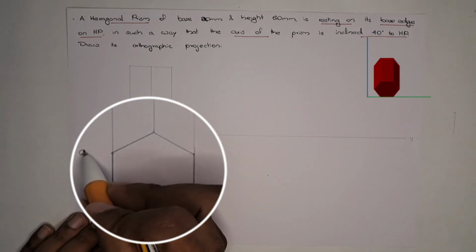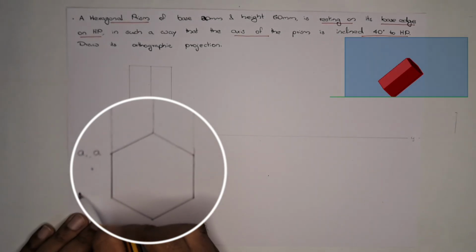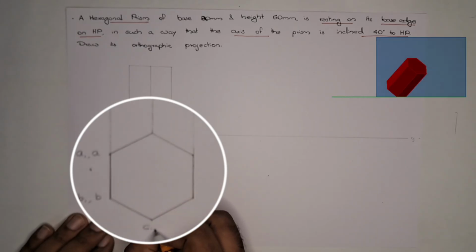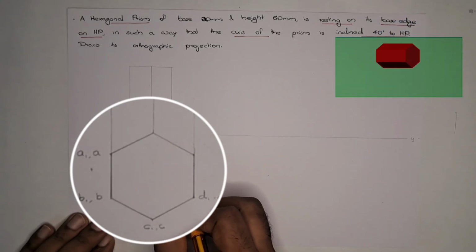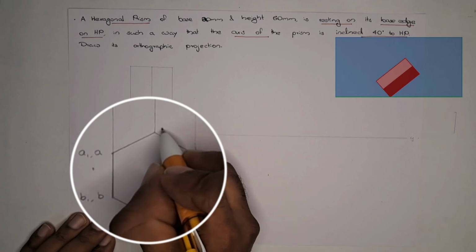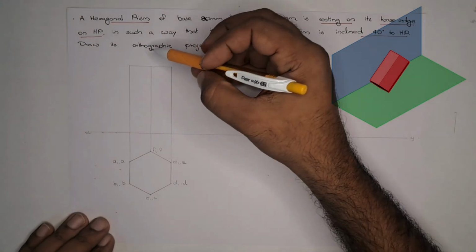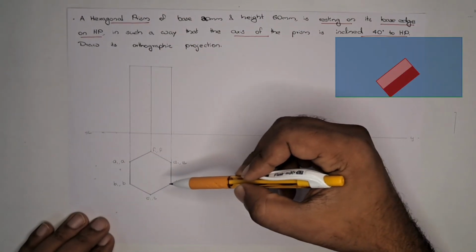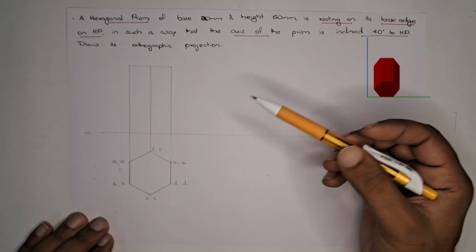This is A1 comma A. Here this is B1 comma B. Here C1 comma C. Here D1 comma D. E1 comma E. F1 comma F. So all the top corners are named A1, B1, C1, D1, E1 and F1. All the base corners are named A, B, C, D, E, F.